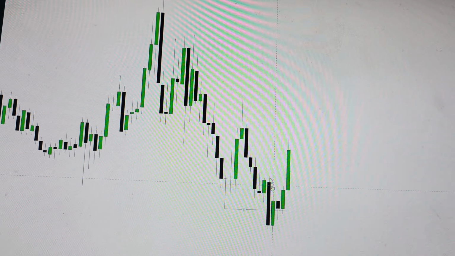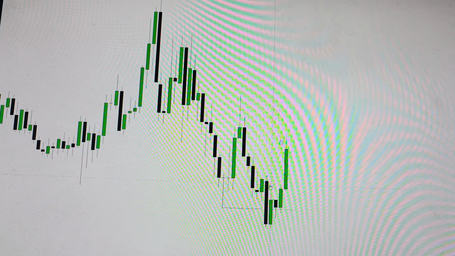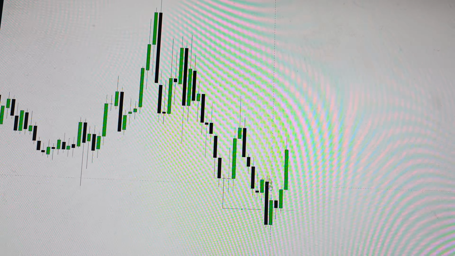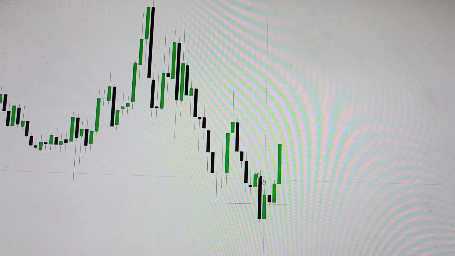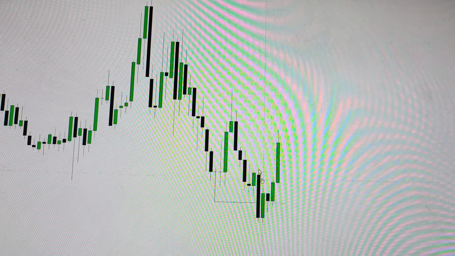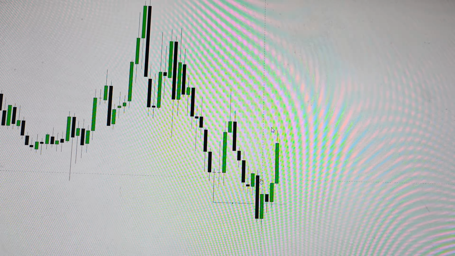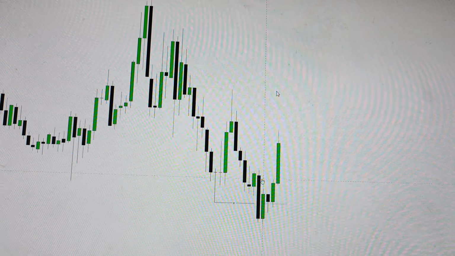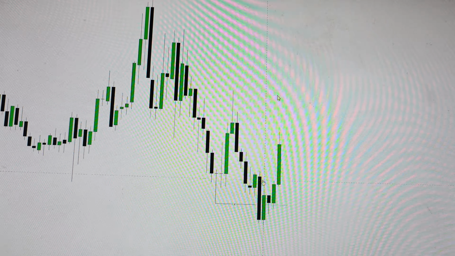So yeah, this entry at this order block, if price does close above here, actually would be a valid entry. But basically, I just wanted to say that I don't consider things order blocks until price prints a break of structure, or sorry, a market structure shift in the opposite direction.